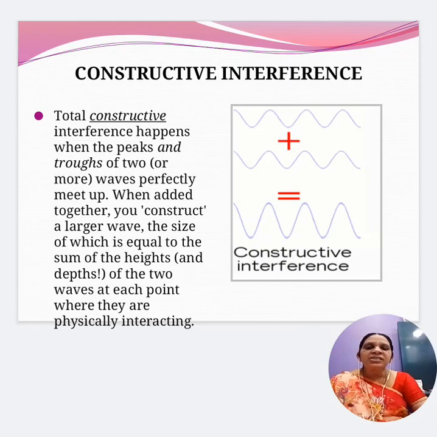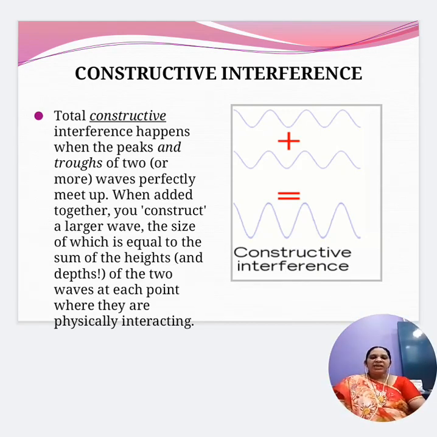Total constructive interference happens when the peaks and the troughs of the two waves perfectly meet up. When added together, you construct a larger wave, the size of which is equal to the sum of the heights of the two waves at each point where they physically interact. This type of interference is called constructive interference.